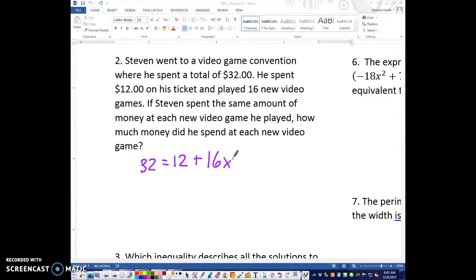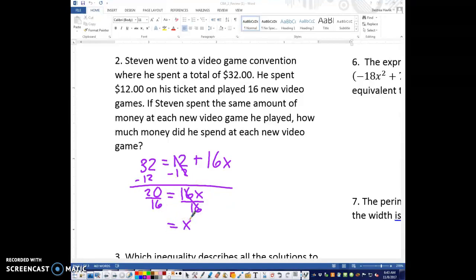So now we solve this. So 32, we need to subtract the 12. You can also do this one in the calculator just like we did the last problem. So 32 minus 12 is 20. And then we have 16x. The next step will be to divide by 16.